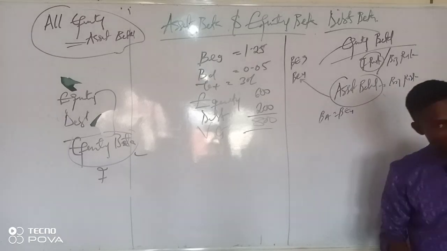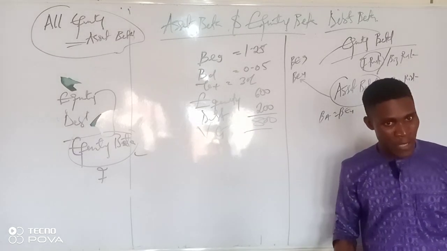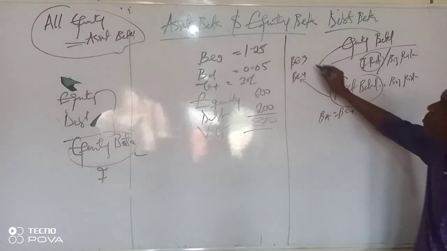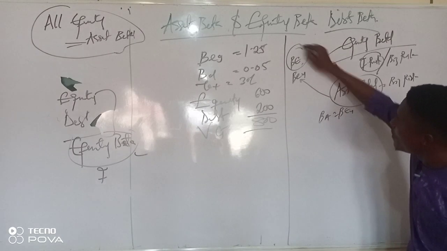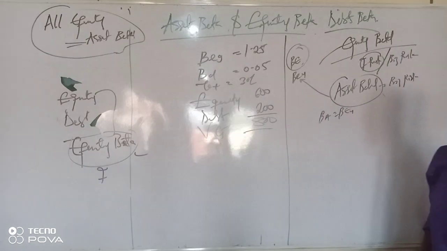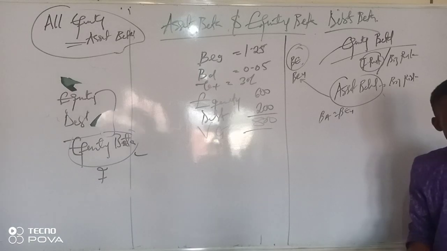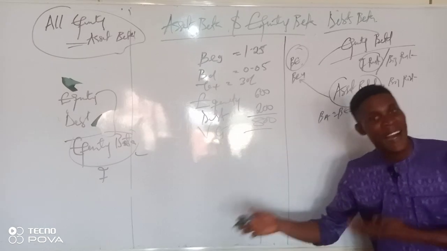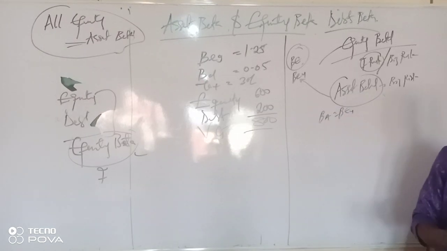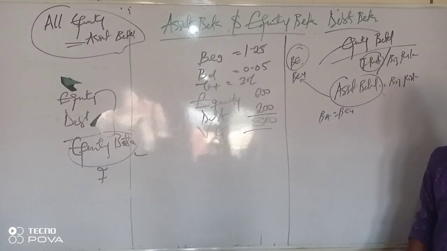But if it's geared, that means it's not asset beta. So when you see equity beta, don't take it as if it's for geared. If the company is not geared, we also call it equity beta, but you have to bring it down to asset beta. So equity beta can either be geared or ungeared.